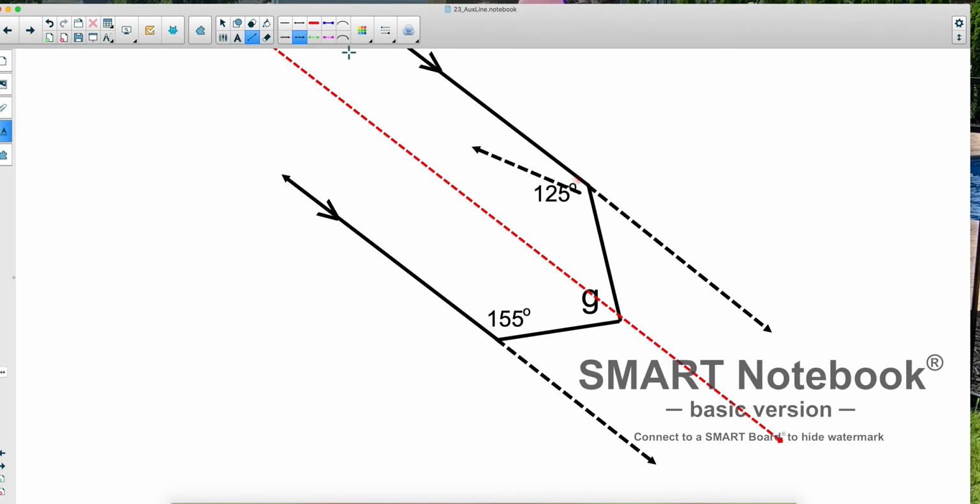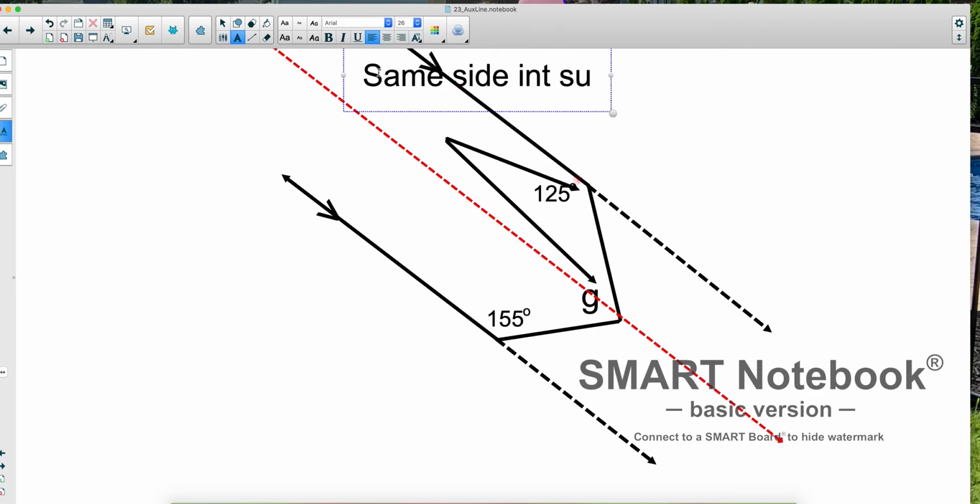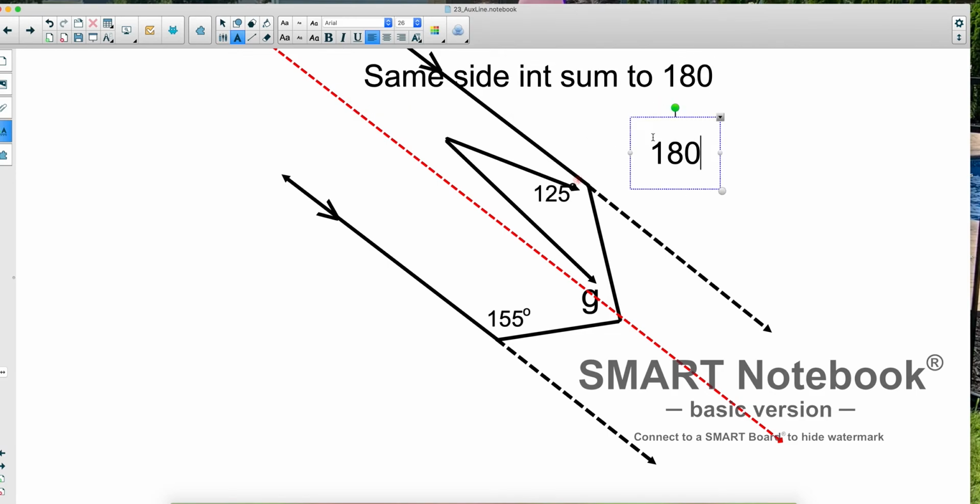I see that this angle here and this angle here, this tiny angle, are same side interior. So they have to sum to 180. Right? So that means I have to do 180 minus 125, and that gives me 55. So this tiny angle up here at G is going to be 55.